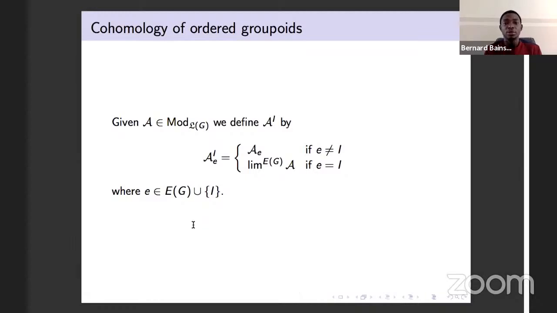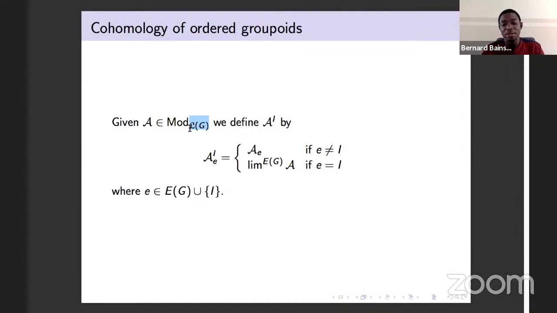So the cohomology of ordered groupoids that we are going to use to describe the extensions will be made clear by introducing an extra identity into our category LG. This construction doesn't happen for groups, but for inverse semigroups, this was a kind of modification that had to be done to be able to accommodate the explanation that comes up.